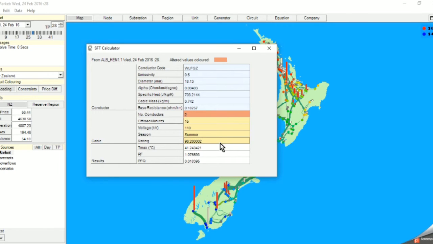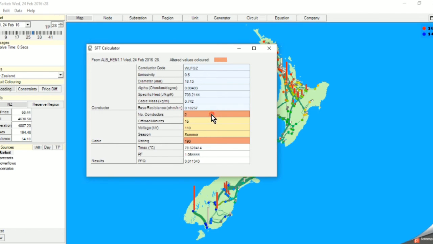And I'm going to approximately double the rating on this particular cable. So we're looking at about 190 megawatts. And you'll see that the Tmax value has come up to approximately 80 degrees C again. So as you'd expect, adding in one more conductor has effectively doubled the rating on this particular circuit.